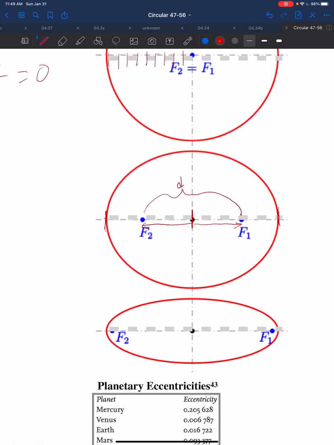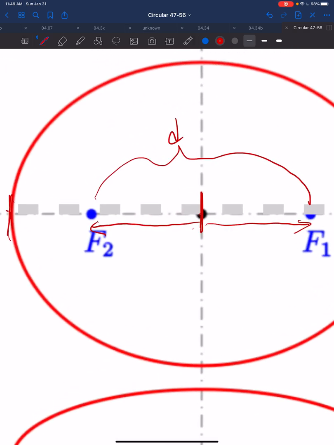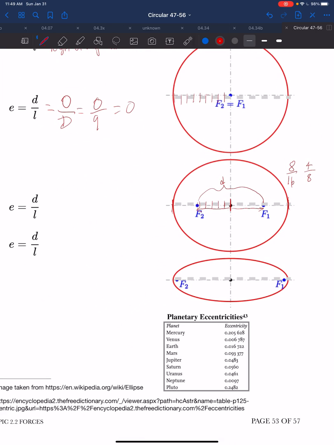In other words, if I have 8 over 16, and instead of measuring the 8, I had measured the 4, and instead of measuring the 16, I'd measured 8, both of those are 1/2. So we can measure just from the center to the focus. So in this case, we have a distance of 1, 2, 3, 4, 5, maybe that's 5.5.